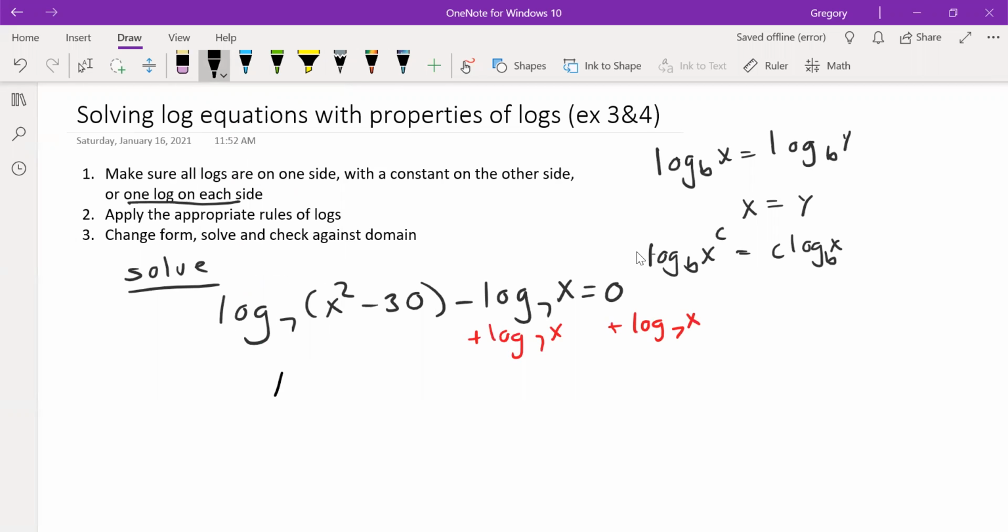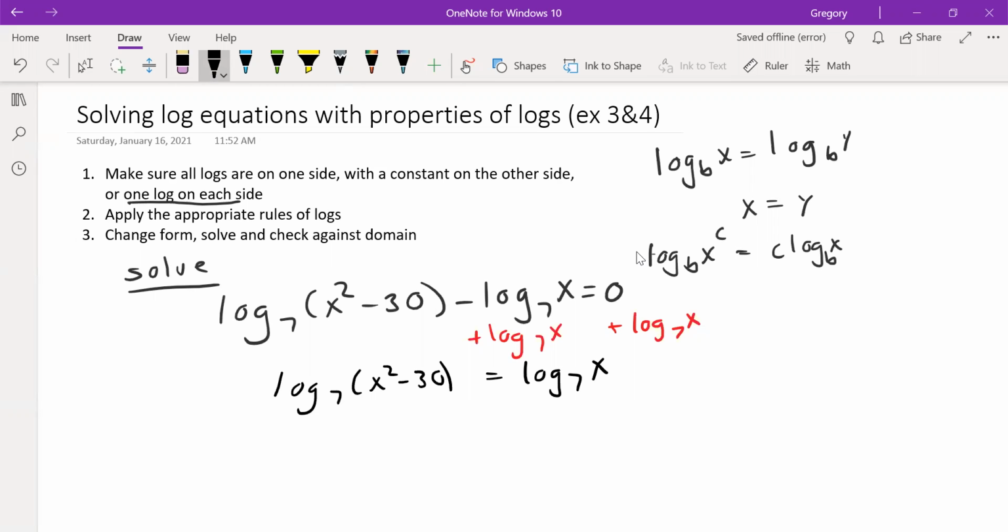Because now I'm going to have log base 7 of x squared minus 30 equals log base 7 of x, just like this. Now, if you're wondering whether you would apply another rule like the subtraction rule since you have subtraction in that log, the answer is no. You're thinking about the division rule, which is the reverse: you make a division if you start out with a fraction inside a log.